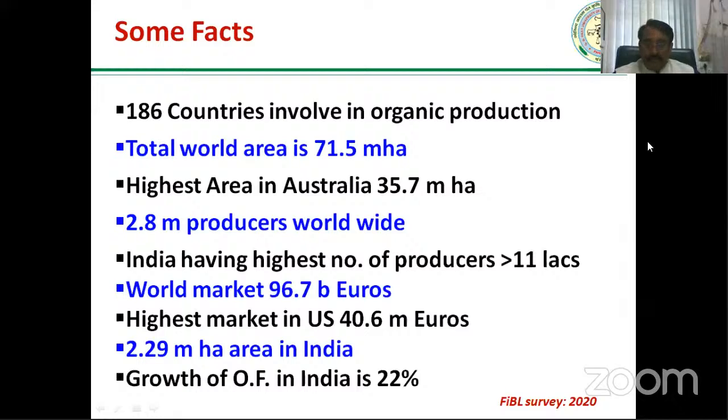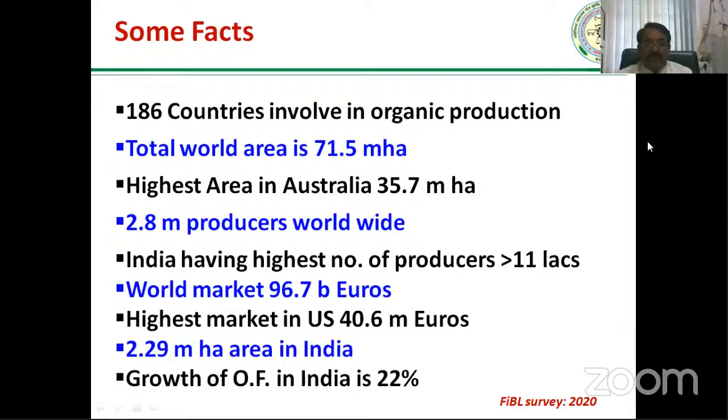Most of the producers are marginal, because in India, the maximum farmers are small and marginal farmers, so organic producers are also small and marginal producers. The world market has reached 96.7 billion euros, and the highest market, which contributes 45% of the total market, that is 40.6 million euros, is in the US.